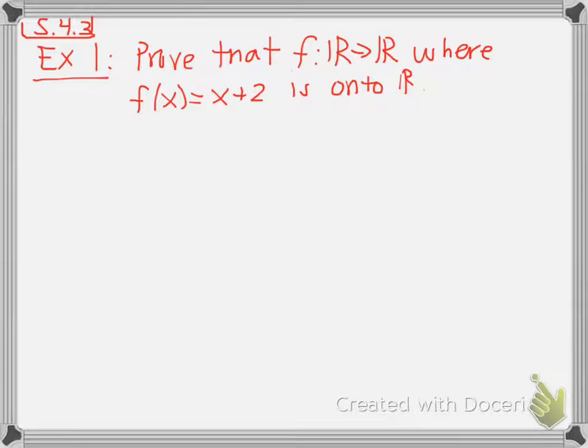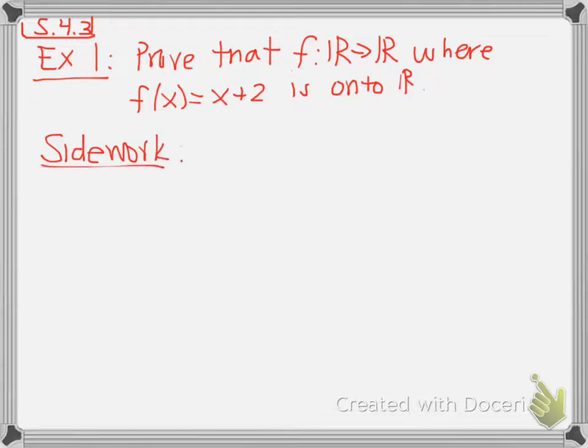For onto functions, for the most part, I don't like to say for every case, because there could always be an exception to the rule. But for most cases, you're going to do some side work first. So let's do some side work.